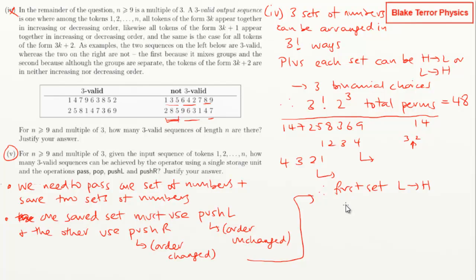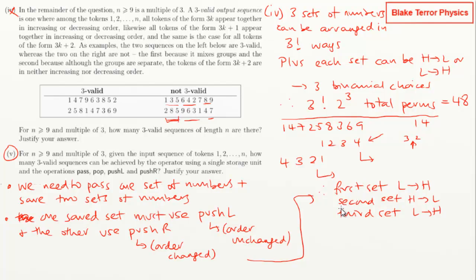The second set will be the stuff that we've pushed right, because when we're popping it out, it's coming from this end. So the second set must be going from high to low. And the third set must be going from low to high again, because that's the stuff that we pushed left. So we have to have low to high, high to low, low to high.